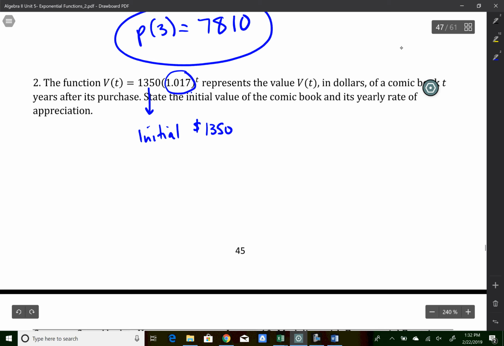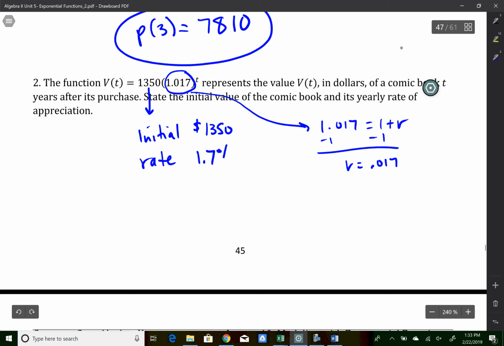And 1 plus 0.017 is going to be the rate. If we subtract the 1, the rate winds up being 0.017. So we can see the yearly rate of appreciation is 1.7%.